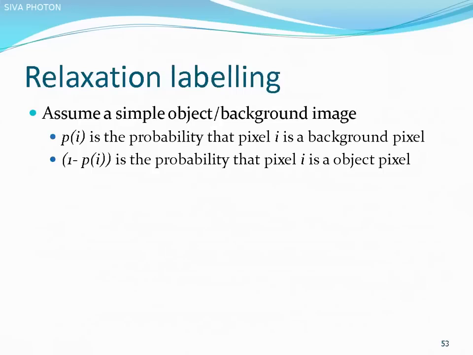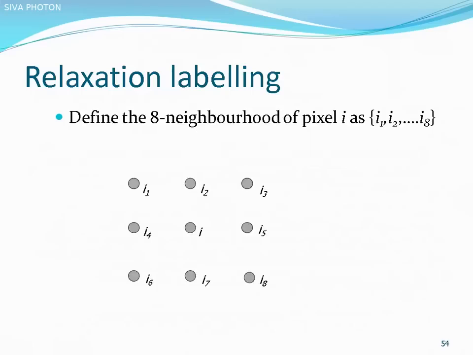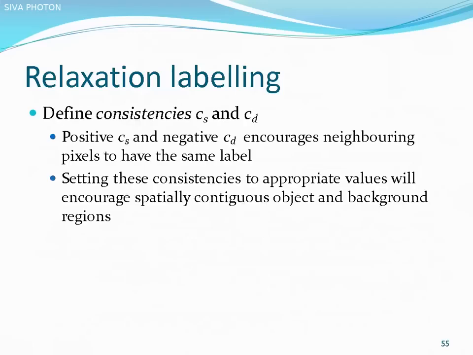So consider an image where the probability P of I, where I is nothing but a background pixel, and 1 minus P of I will give you the object pixel. So consider the 8 neighborhood starting from I1 to I8. Next, we have to define the consistencies CS and CD.